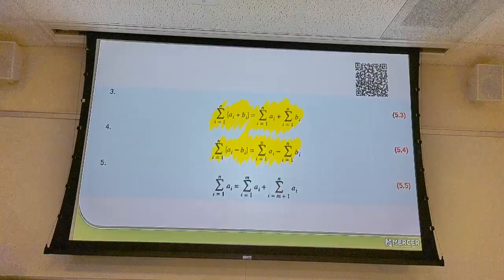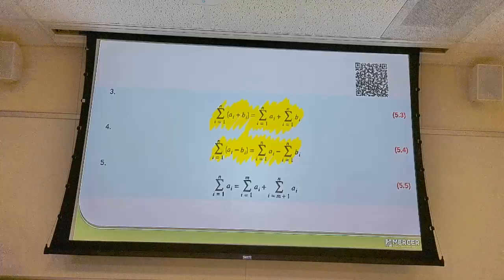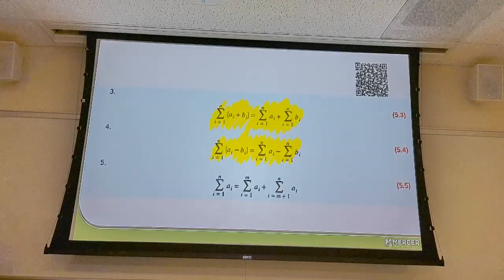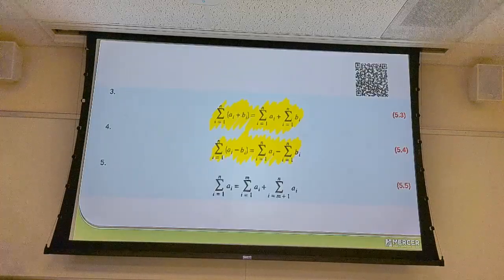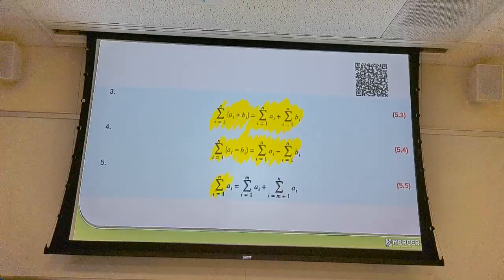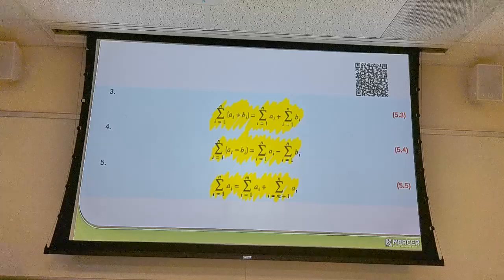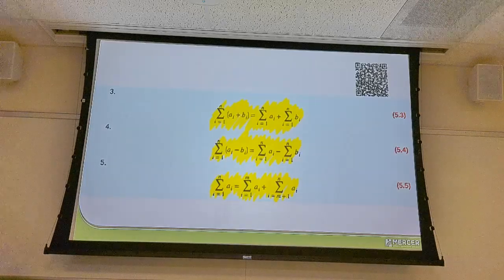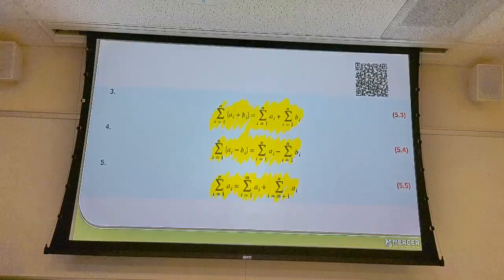If you have two sums with the same term and same indices, let's say 1 to 5 and then 6 to 20, you can write those as a single sum, 1 to 20. Knowing these properties will be very useful.